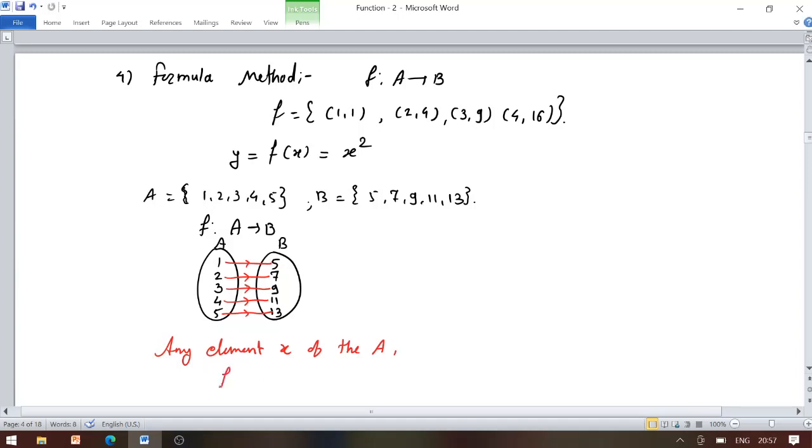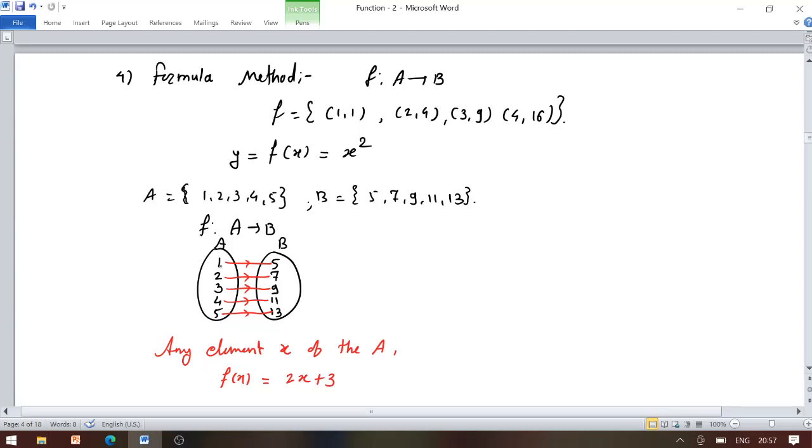That means the function is given by f of x equals 2 times x plus 3, that gives us the element that is related in the set.